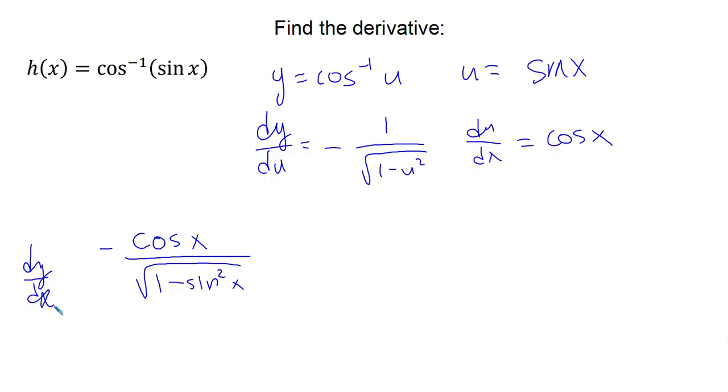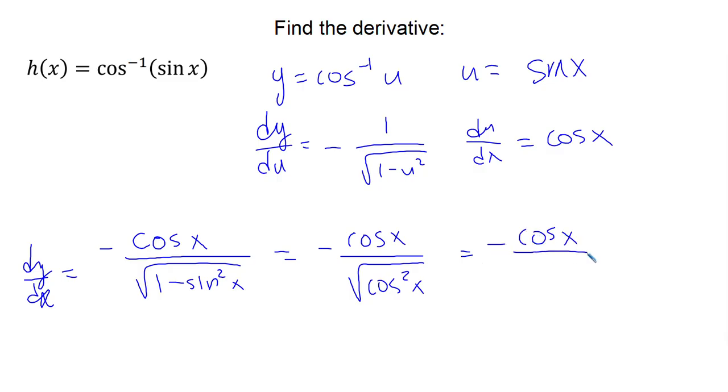Now this answer is fine. We do know that 1 minus sine squared x is equal to cosine squared x, so we could rewrite this as the square root of cosine squared x. But be careful, if you do that, you might be tempted to say that negative cosine of x over cosine of x is negative 1, which is not actually always true.